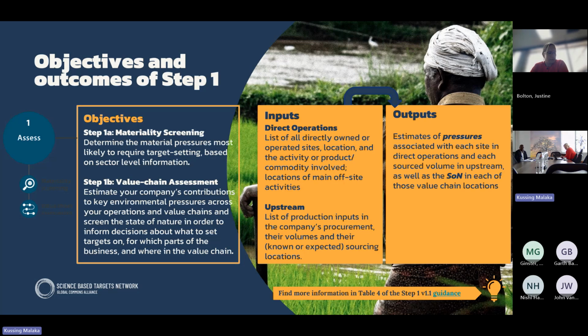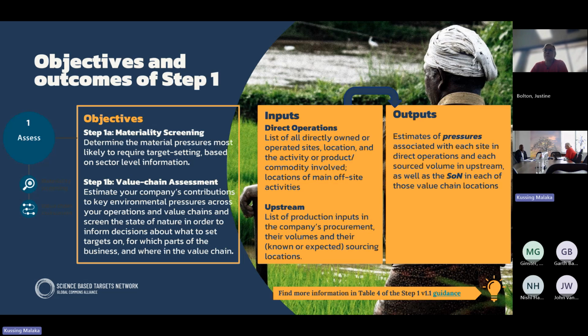These are the objectives and outcomes of step 1. First is the materiality screening, and then you get the value chain assessment: throughout your value chain, which of the pressures are material? SBTN focuses on direct operations, which is within your boundaries, and upstream, which is where you are sourcing some of your products.